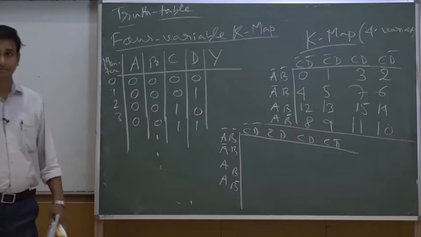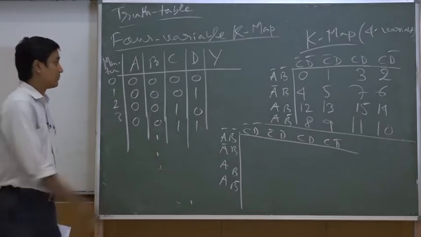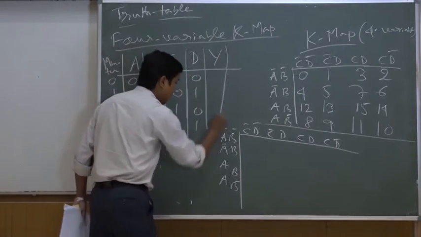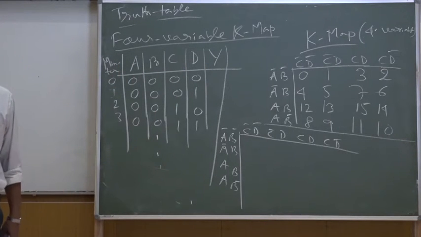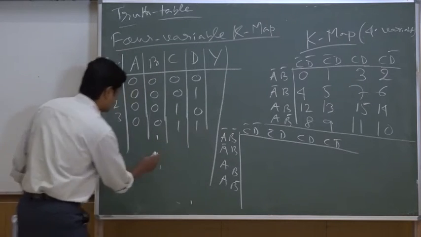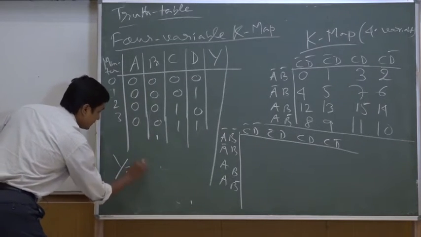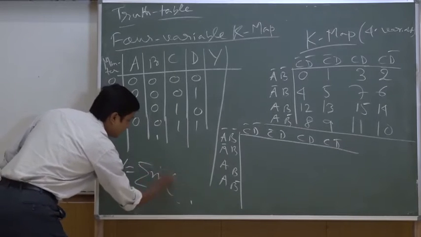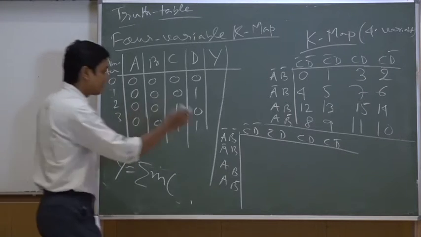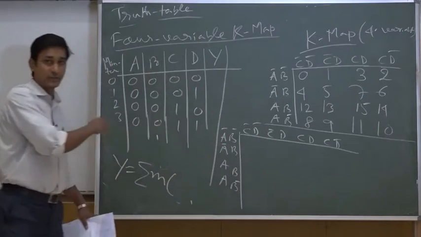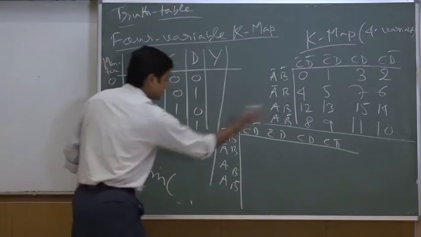This is the map in which the min terms given here in y are to be located. They have given one expression like this, y as summation of the min terms of something. Let me fill this up first, because we have already seen this way of transition.